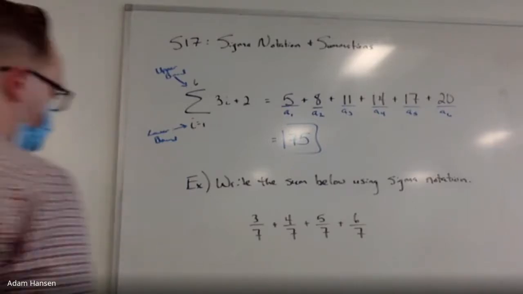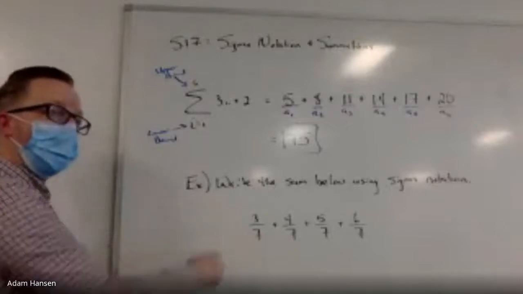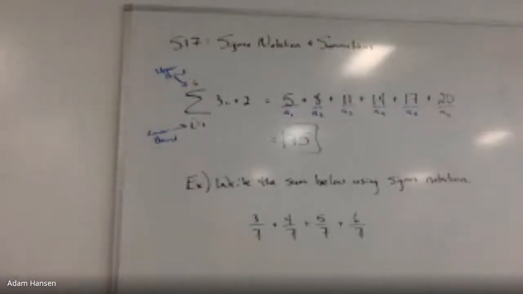As you're writing each term, the numerator, right? The denominator is always 7. So, how many different terms do you have to write?